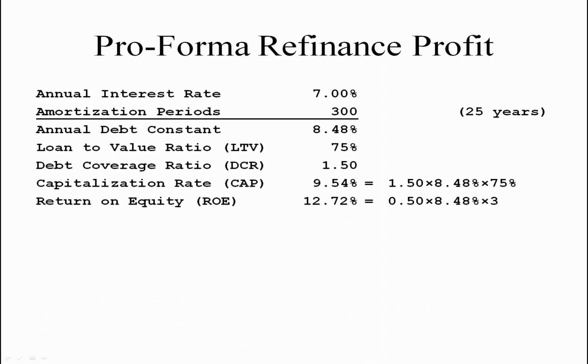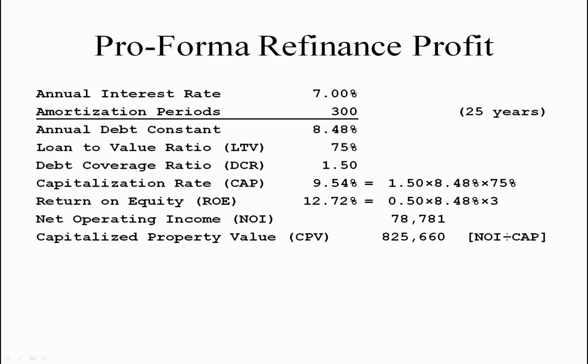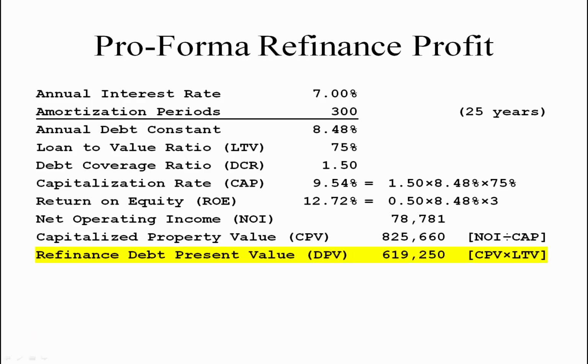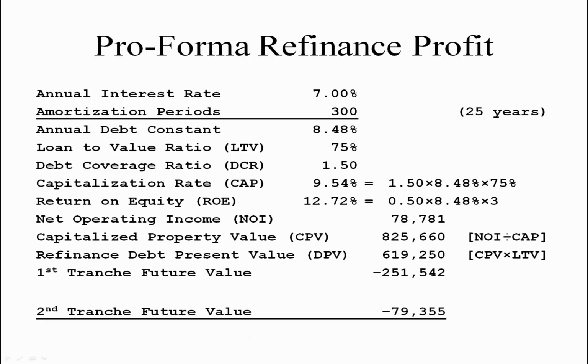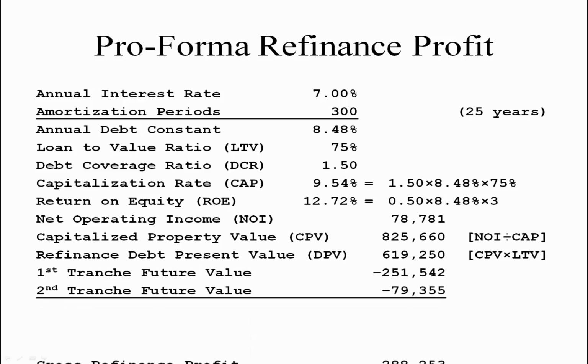Same cap rate, same return on equity, net operating income, capitalized property value, refinancing debt present value at 75% of the new capitalized property value, subtract the existing debt first tranche and second tranche, your gross refinance profit.